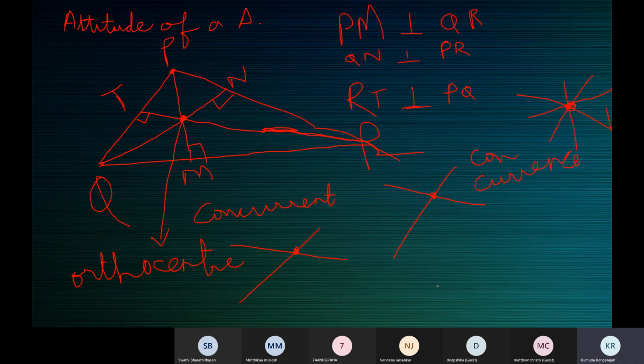All right. So the point of concurrence of the three altitudes of a triangle is called the orthocenter. Orthocenter is the point where the three altitudes meet in a triangle.